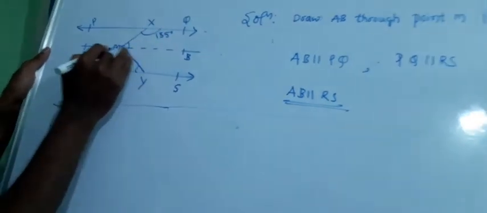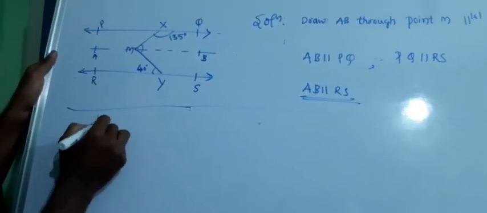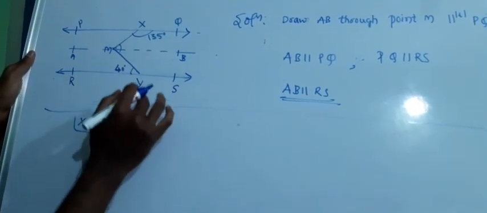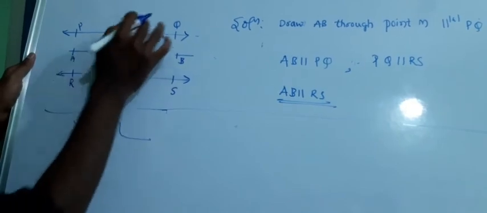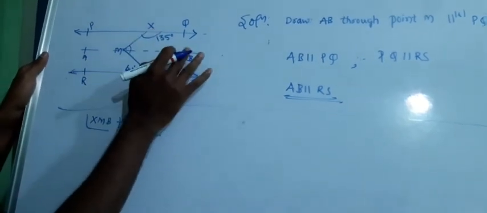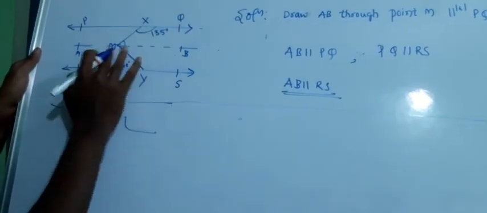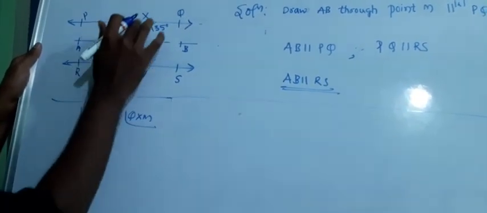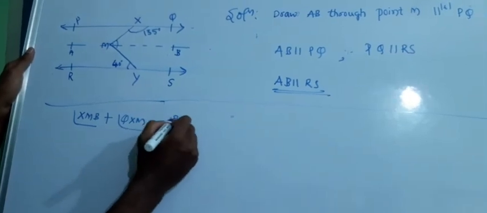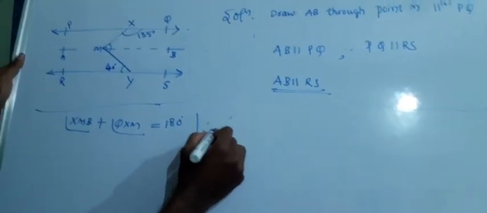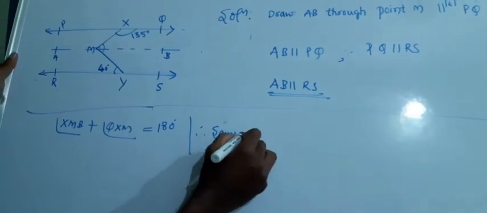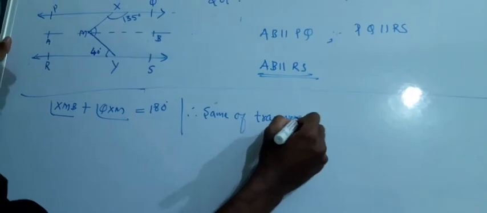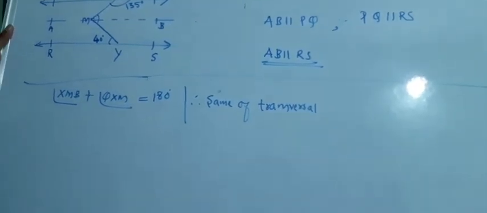Now angle XMB plus angle QXM. This angle plus this angle will be equal to 180 degrees because the angles are on the same side of the transversal.